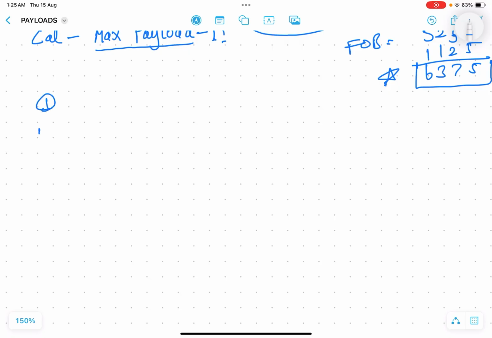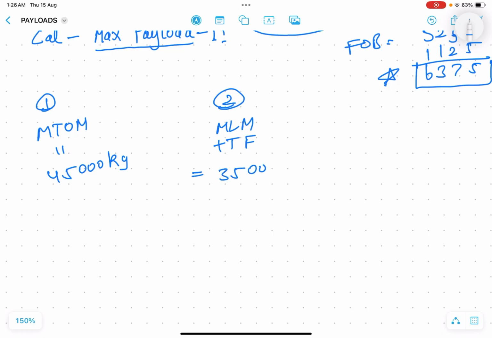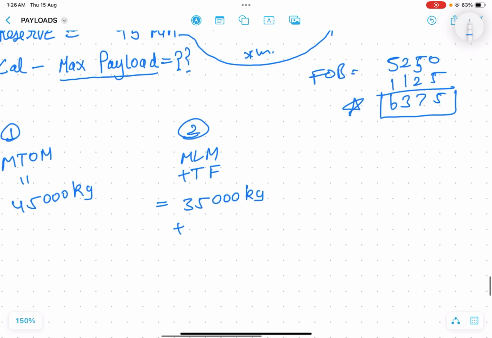So let us start by calculating the different takeoff masses. First is maximum takeoff mass, which is given as 45,000 kilograms. The second quantity is maximum landing mass plus trip fuel. It is 35,000 kilograms, and the trip fuel is 5250.